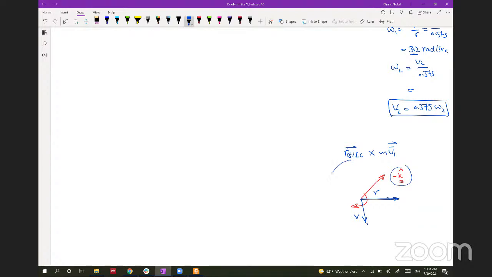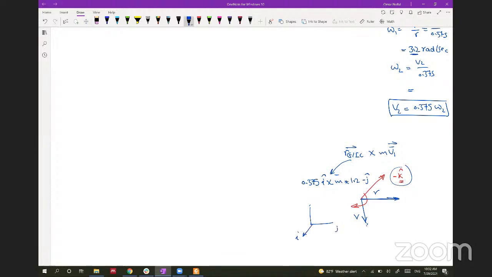Or you can have R in the i hat direction, 0.375 i hat, and multiply this by M multiplied by V1, and V1 is going down. So V1 is 1.2 in the negative j hat direction.